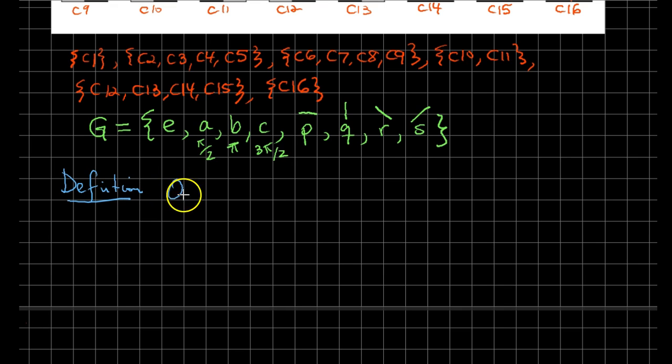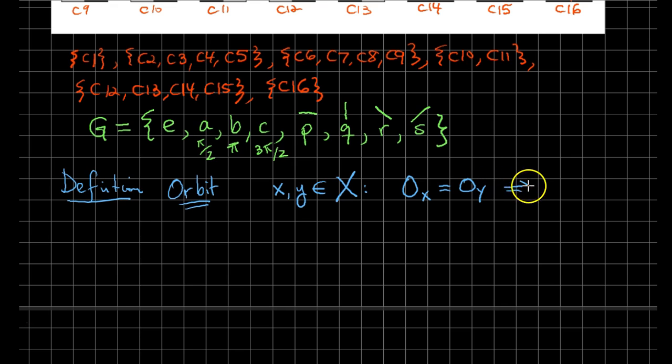So definition for orbit: consider 2 colorings X and Y in our set of colorings. Let's call the set of colorings X. We claim that OX is equal to OY, meaning X and Y are inside the same orbit.